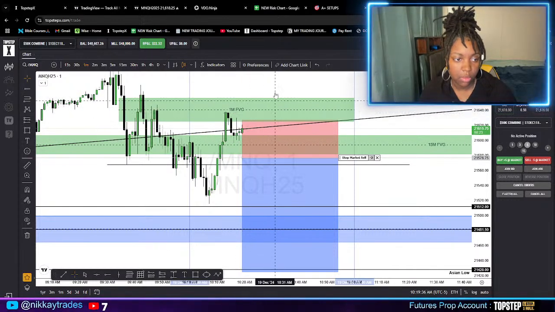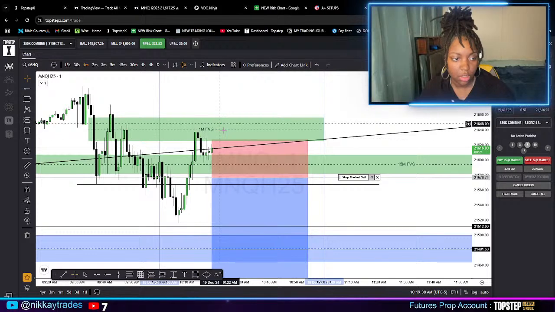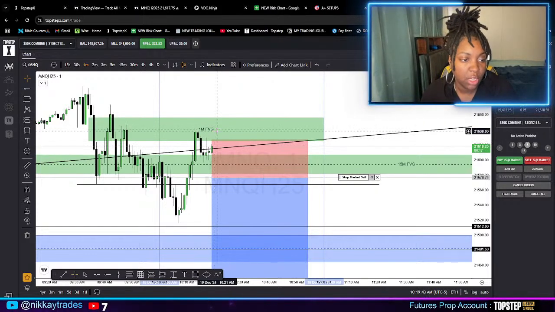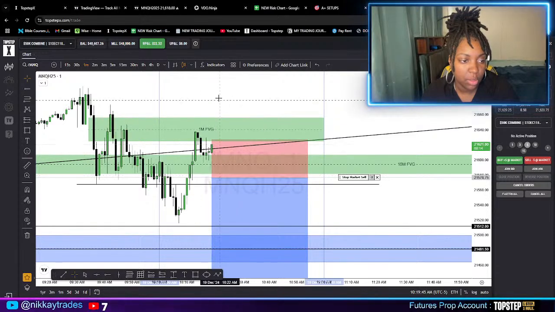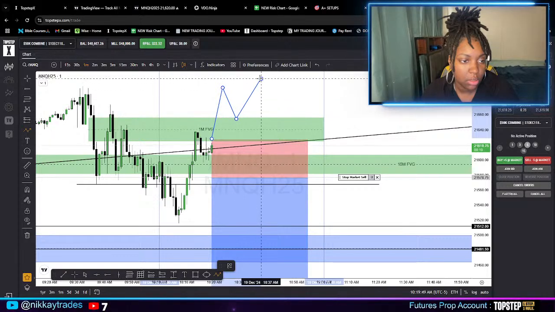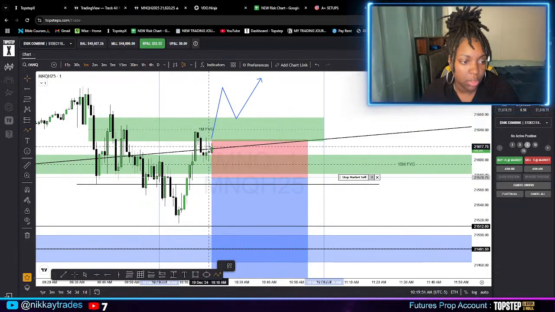But I really want to see if this 1 minute fair value gap will hold. Is it gonna keep rejecting off of it, or is it just gonna push up? Like, is it gonna do this, or is it gonna do this?